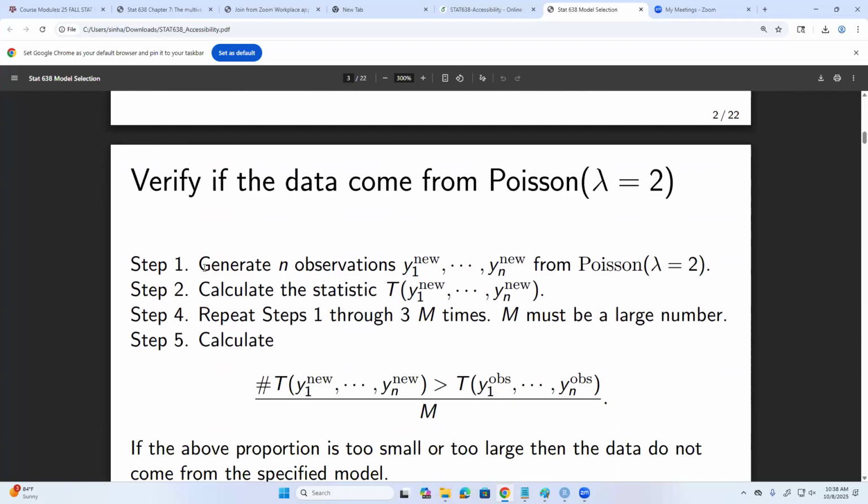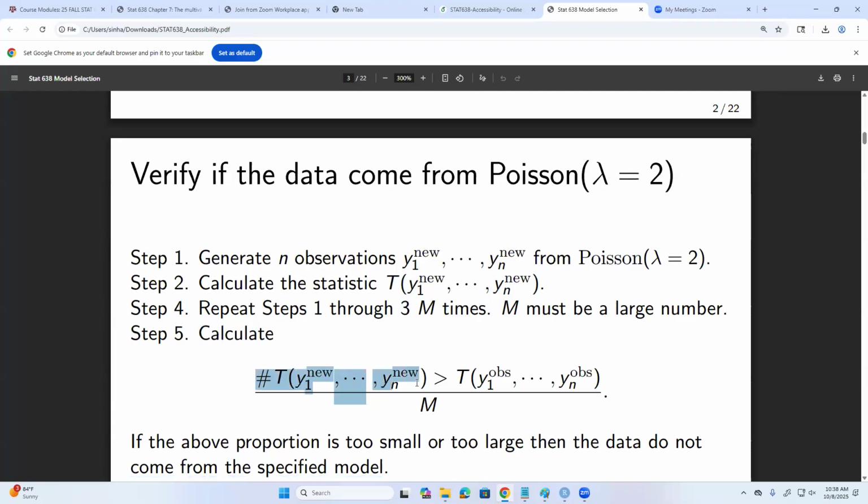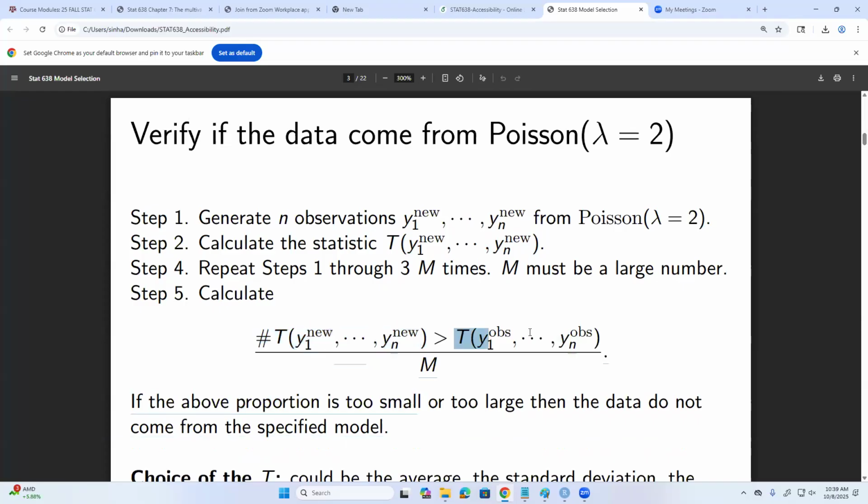What we can do is generate n observations, y1, y2, up to yn, from Poisson with lambda equal to 2, and calculate the statistic. I'll talk about the statistic later. Some statistic T. Repeat steps 1 through 2, m times. M must be a large number. Then calculate the number of times this statistic is larger than the statistic calculated based on the observed data.